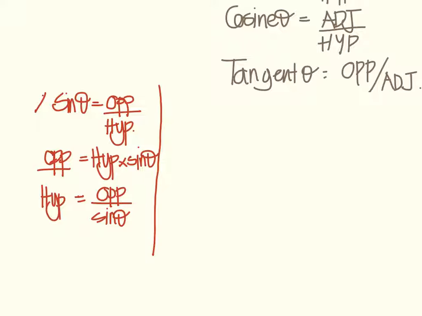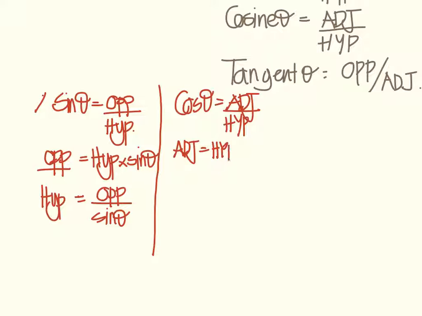Likewise, if you have got the equation where you've got the cosine of theta equal to the length of the adjacent side divided by the hypotenuse, then reorganising that equation gives us that the length of the adjacent side is equal to the hypotenuse times cosine theta.